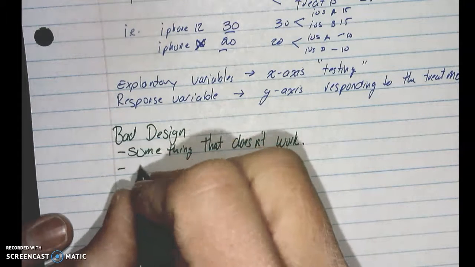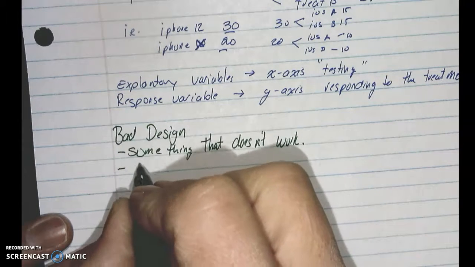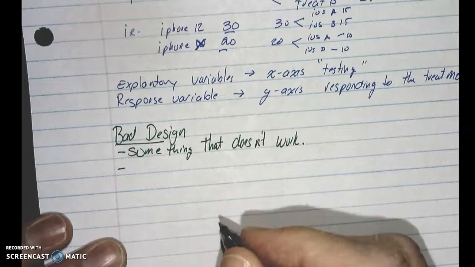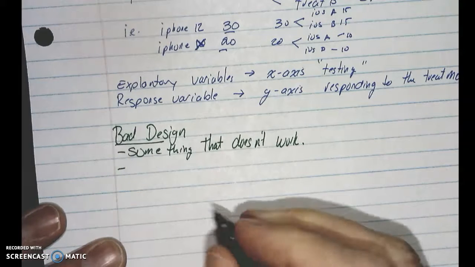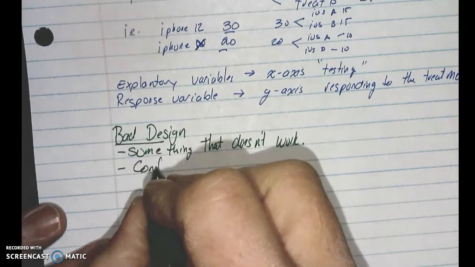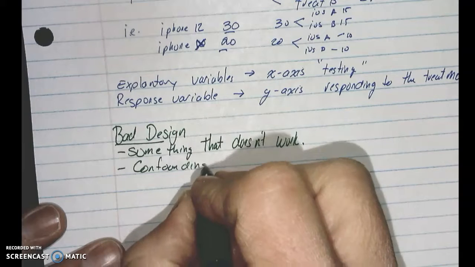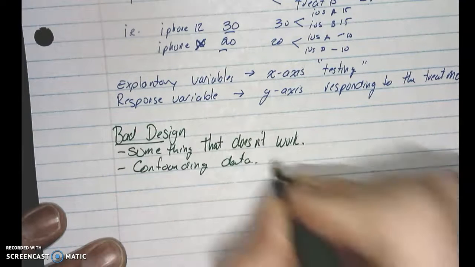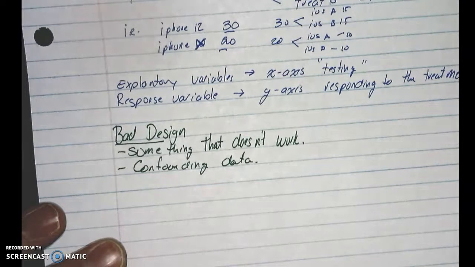No, we're not going to put that up there. That's actually not part of the bad design. Okay. We talked about this last week. What about this? Confounding data. What's wrong with confounding data?